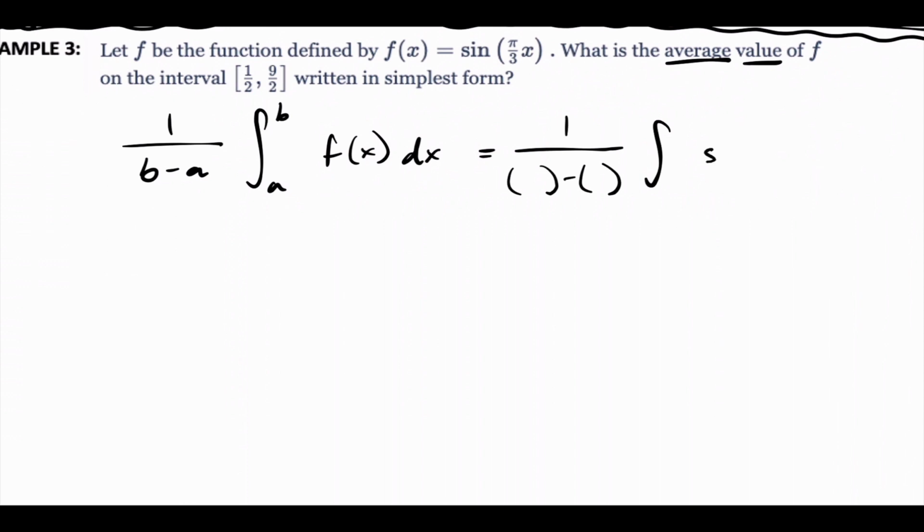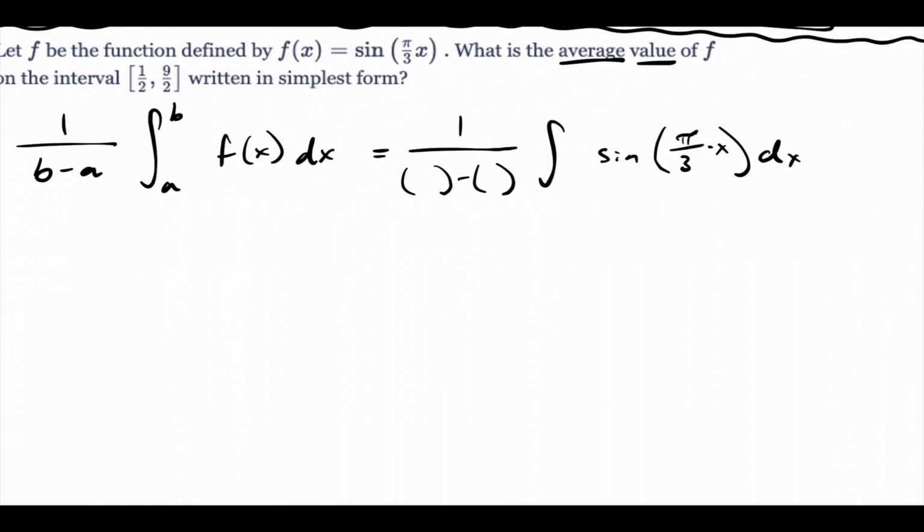So I know the function is sine of pi over 3 times x. The top bound is the bigger bound. 9 over 2 is the bigger bound, so that's going to go on top. 1/2 is going to go on the bottom. So the bigger bound goes here, the smaller bound goes there.